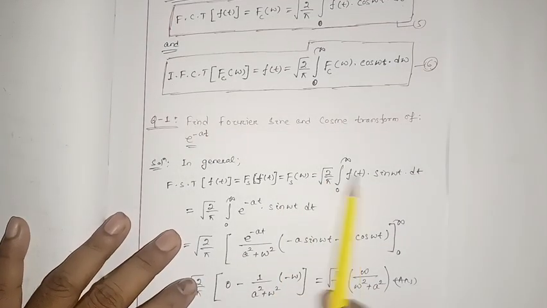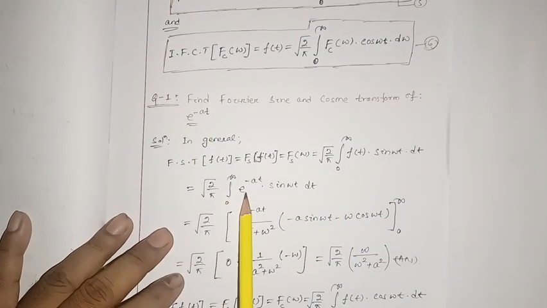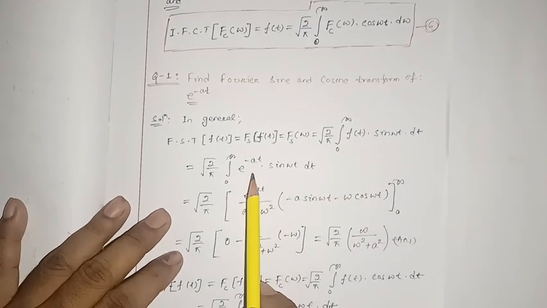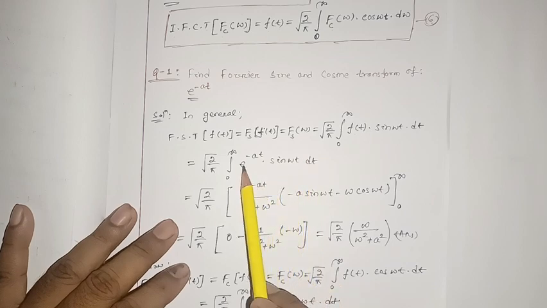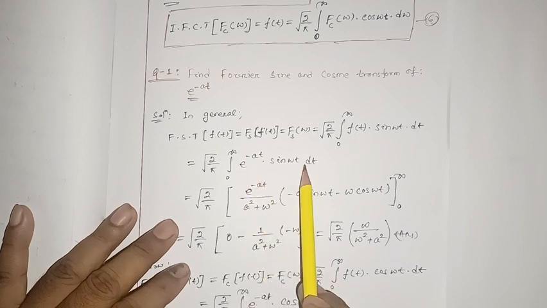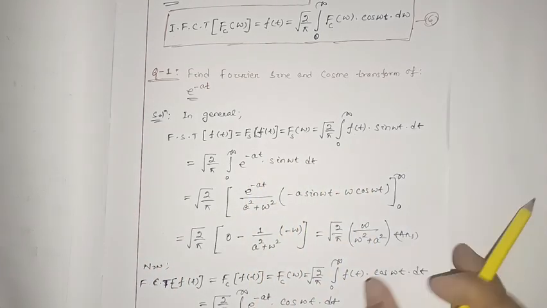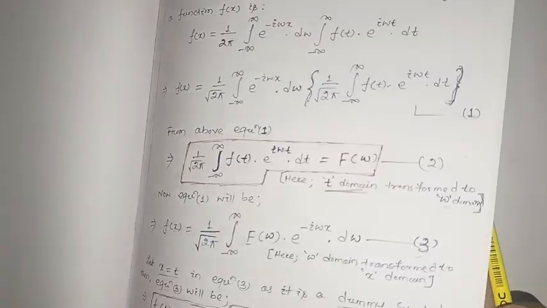So in the question, f of t is e to the power minus at, just substituted here instead of f of t, and the integration value of e to the power minus at into sine omega t dt will be this one. I told initially some important integrals that you have to remember.